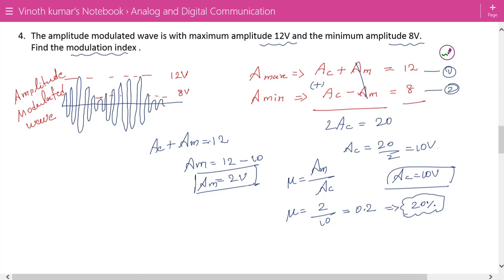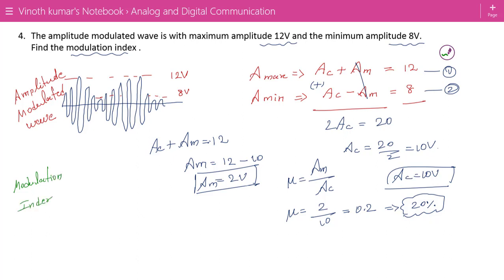And using this formula also we can calculate the modulation index. The modulation index can be found simply as A maximum minus A minimum, whole divided by A maximum plus A minimum. This is another simple formula we can directly use to calculate the modulation index.